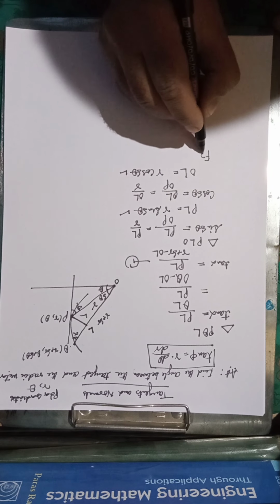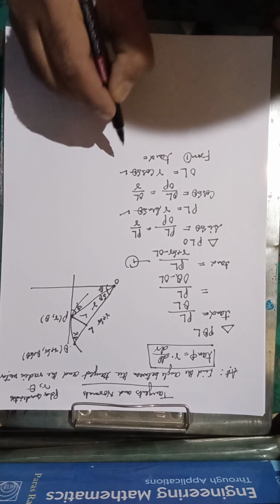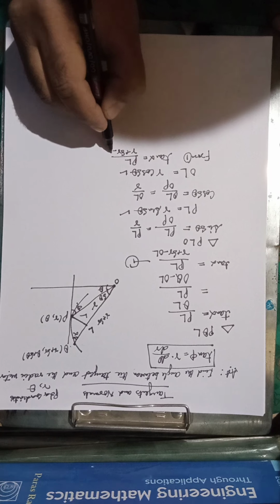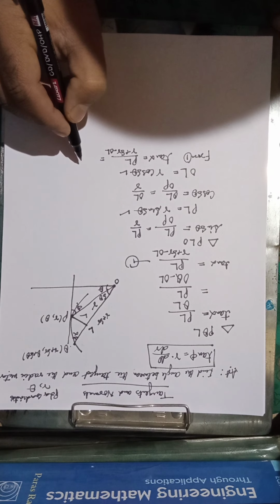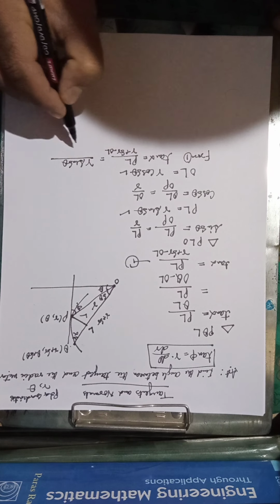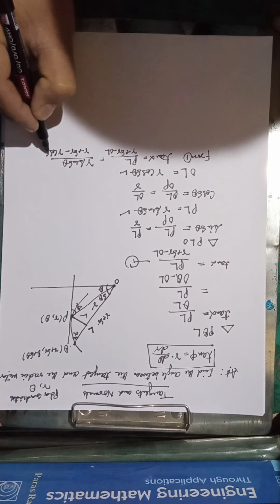Now from 1, tan alpha is PL upon r plus delta r minus OL, which is r sine del theta upon r plus del r minus r cos del theta.